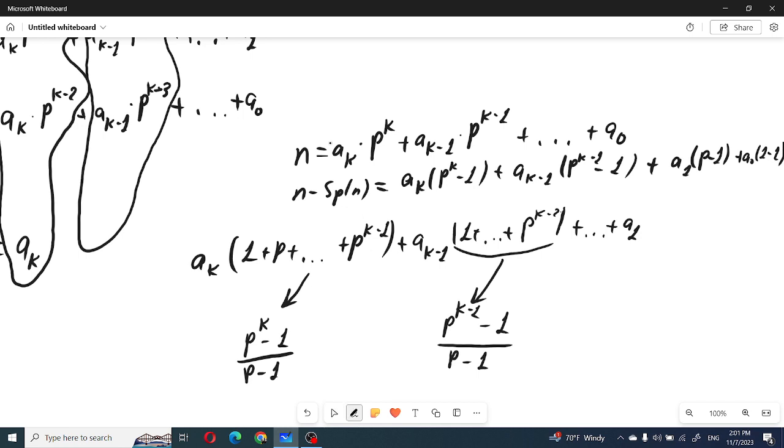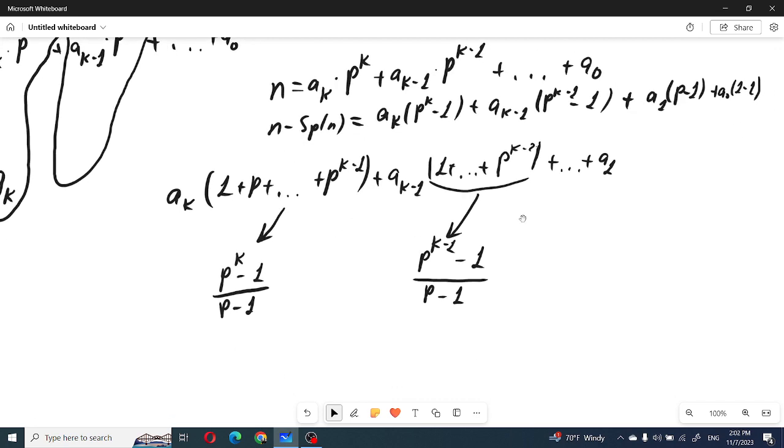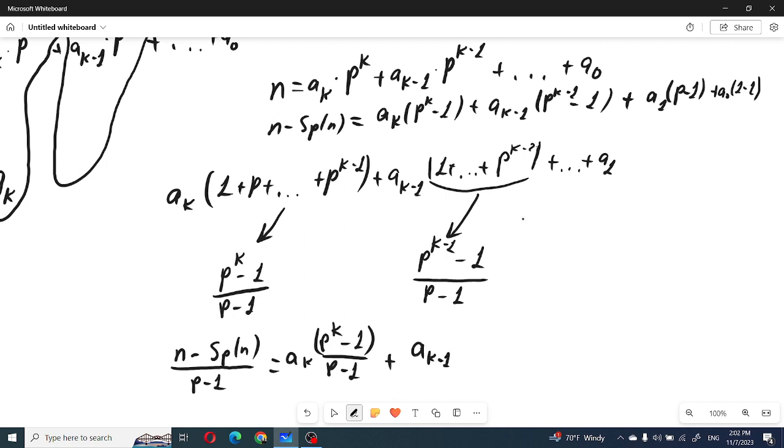Now if we look at these two expressions, they are almost the same, but the difference is that in the lower case, all numbers are multiplied by p minus 1. So if we divide n minus sp of n by p minus 1, clearly we get ak times (p to the k minus 1) over (p minus 1) plus ak minus 1 times (p to the k minus 1 minus 1) over (p minus 1), and so on.